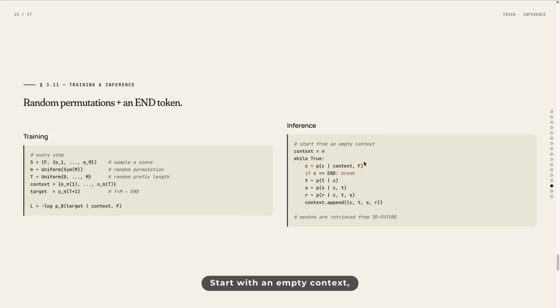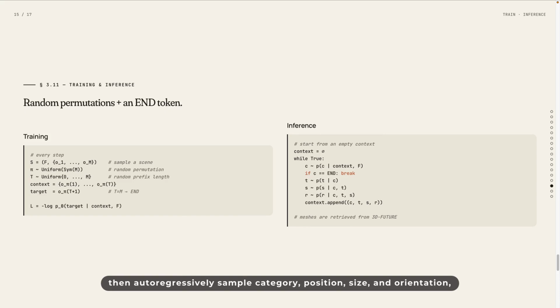Start with an empty context, then autoregressively sample category, position, size, and orientation, appending each new object until the end token appears.